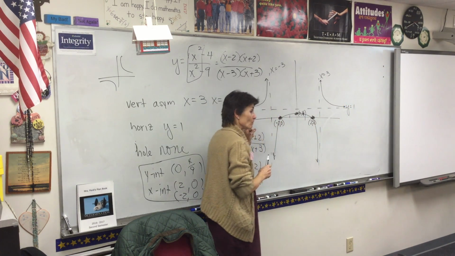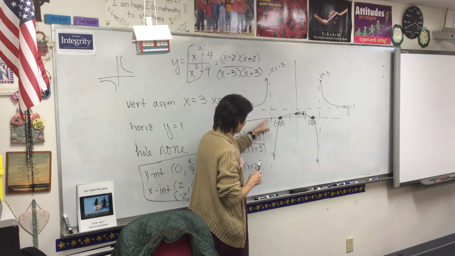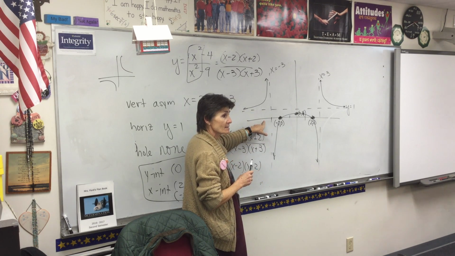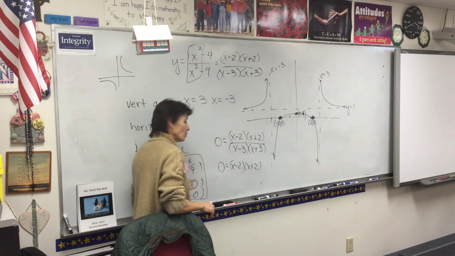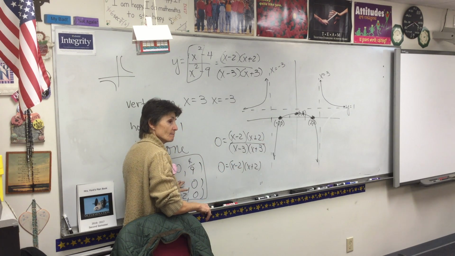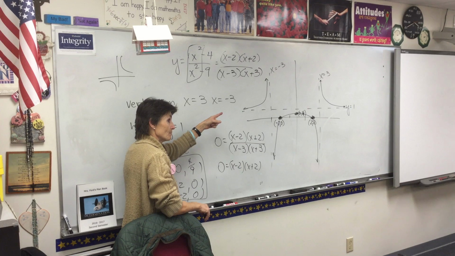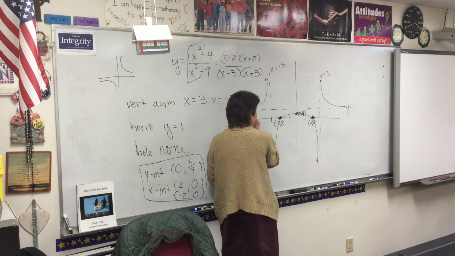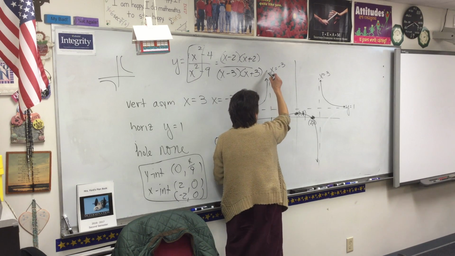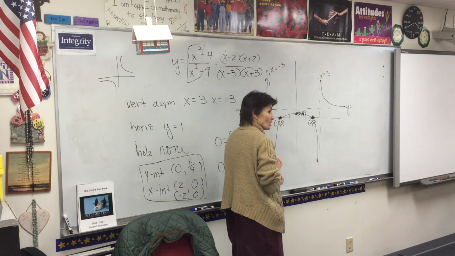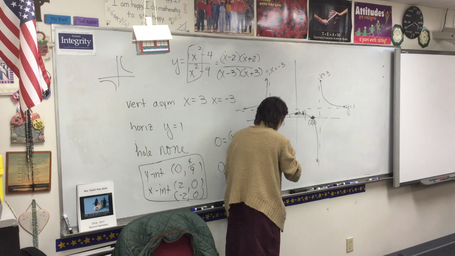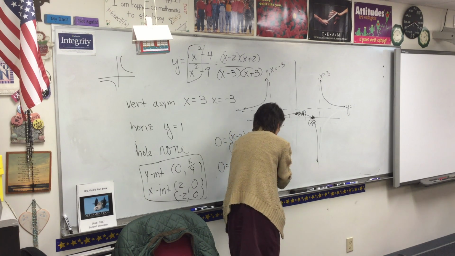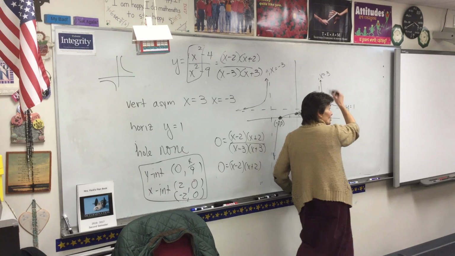Similarly, same argument over here. I could draw this in, but I'd cross the axis, and these are the only places you're allowed to cross. So it has to look like that. As you go off the page, kids, make sure that you are getting closer to an asymptote, no matter which way you're going.